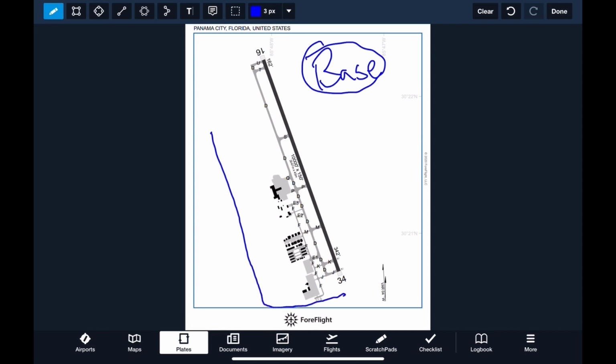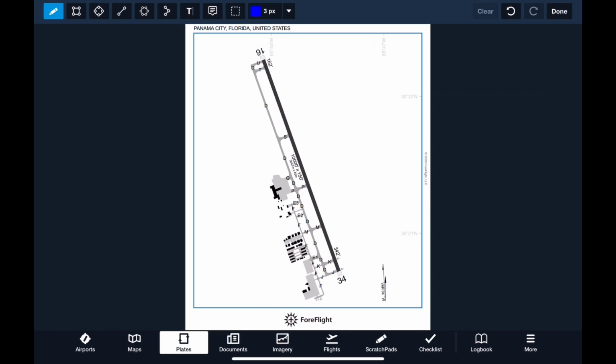That turn to where you're perpendicular with the runway. So this part of the turn, where you're going from the downwind, now you're entering the base leg. So this part right here for runway 34, that's your base leg.